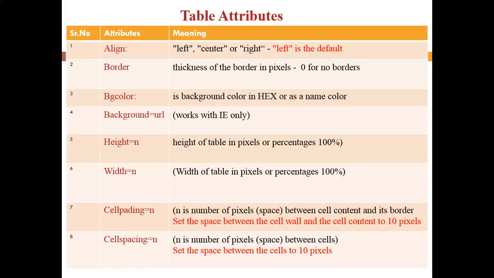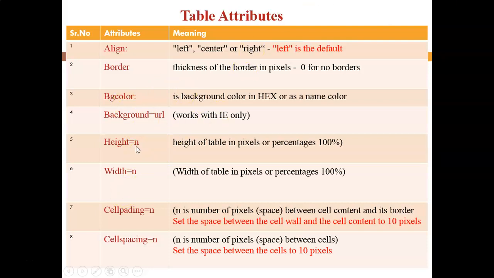Here is a list of a few attributes available in HTML. That is the align attribute for left, center or right alignment. Border is for the thickness of the border. Then background color. Then height of the table and width of the table. And this N is what?